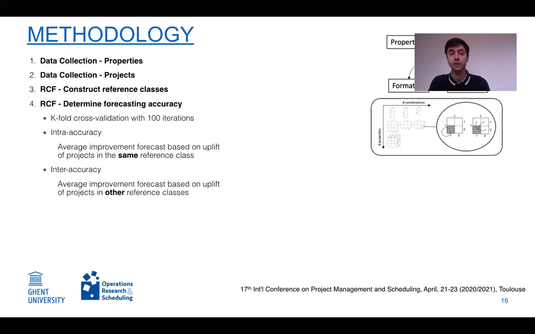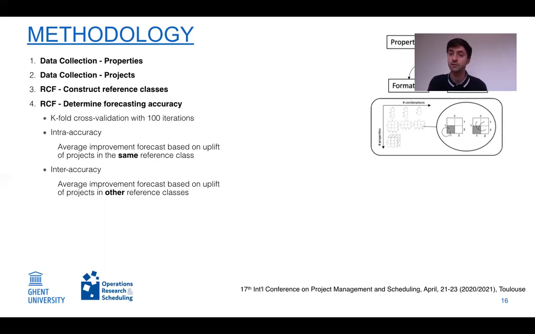Once they were constructed, we could then use the technique to determine the forecasting accuracy. Important is to know that in reference class forecasting, you need 2 types of projects. You have the historical projects for which you know the forecasting error, and then there are the new projects for which you want to improve their initial forecast.